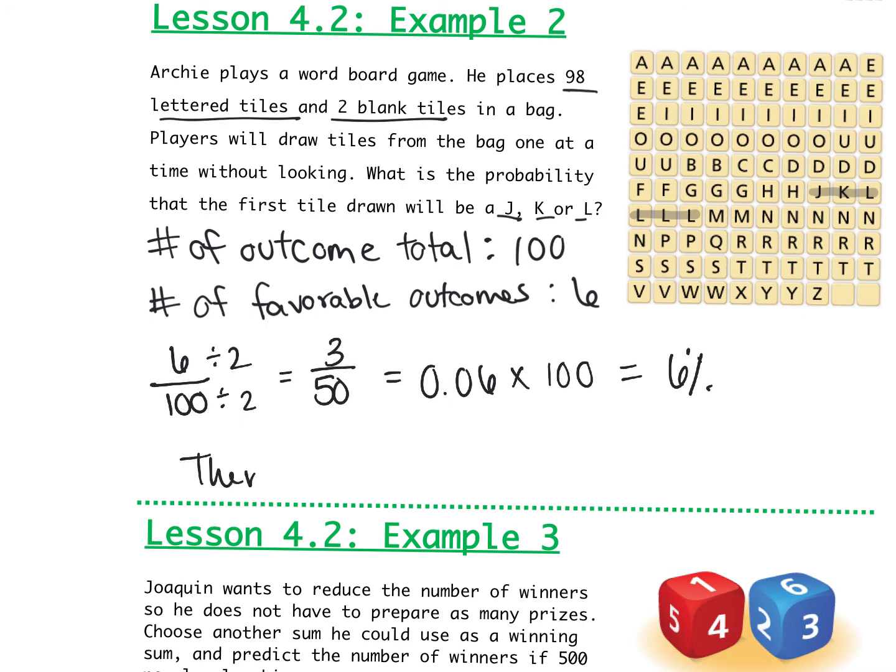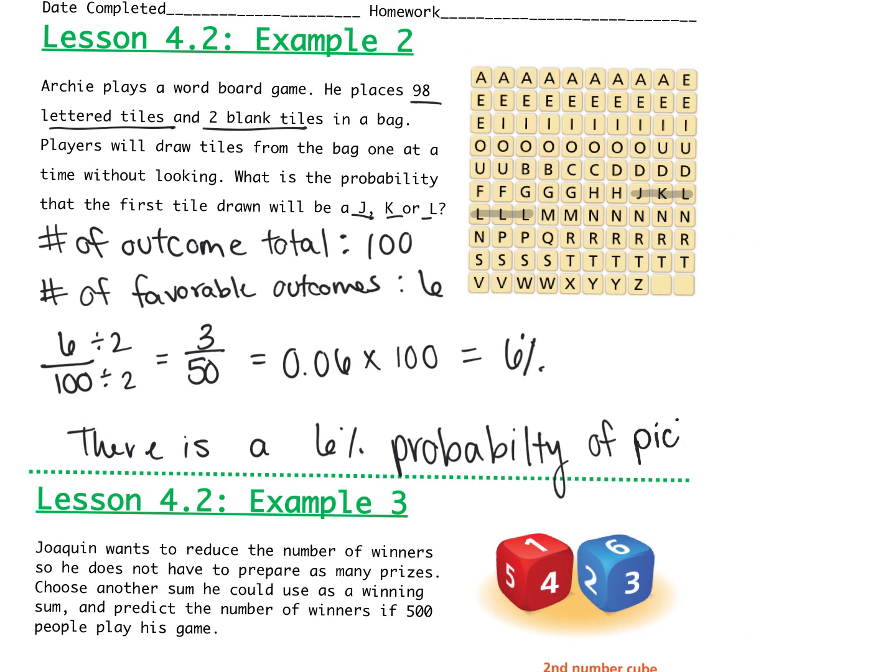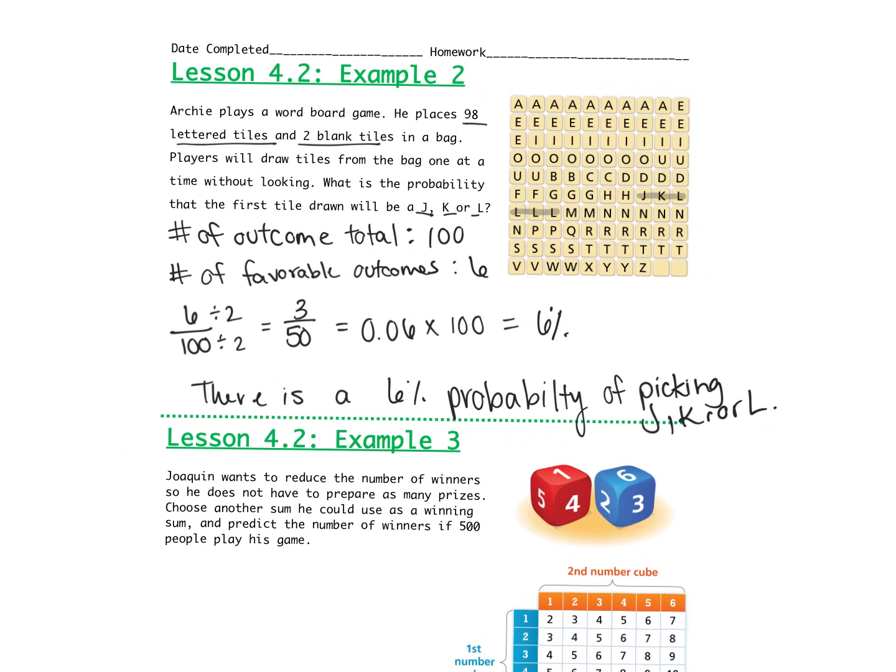There is a 6% probability or chance of picking J, K, or L. And that's how you find theoretical probability. That's just saying, in theory, you have a 6% chance of picking that one. Is that true? You might pick all three in order, and that would be really out of beating the odds, as they call it.